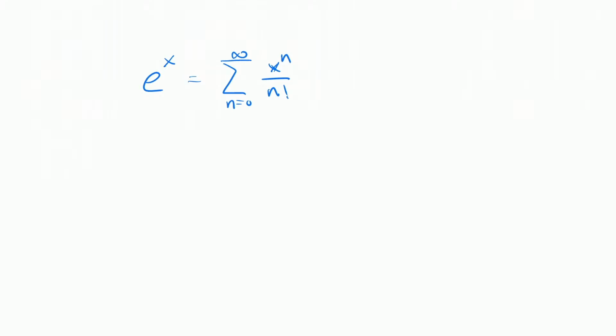Okay, so there's e to the x. I need to know what e to the negative x squared over 2 looks like. Well, that's easy enough to do. That's going to be the sum from n equals 0 to infinity of (negative x squared over 2) to the n over n factorial. So you know the drill here: when we're doing Maclaurin series, Taylor series, we have a series that we know, and then we want to just modify it a little bit.